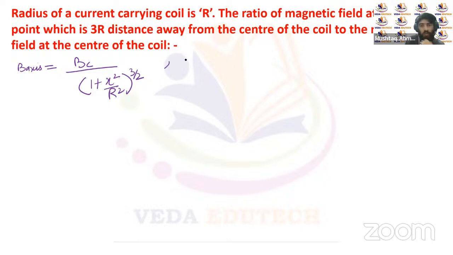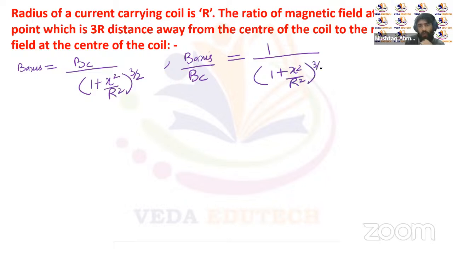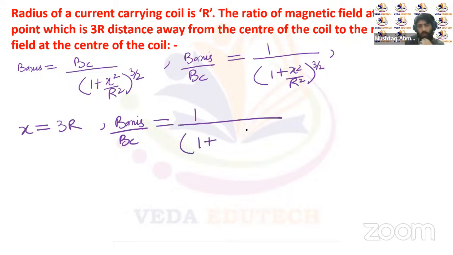So we'll be calculating B axis upon B center, that will be equal to 1 upon 1 plus x square upon r square, raised to power 3 by 2. In this question, x is given as 3r from the center. Let's substitute the value of 3r in this equation. We'll get the ratio B axis upon B center equal to 1 upon 1 plus 3r square, that will be 9r square upon r square.